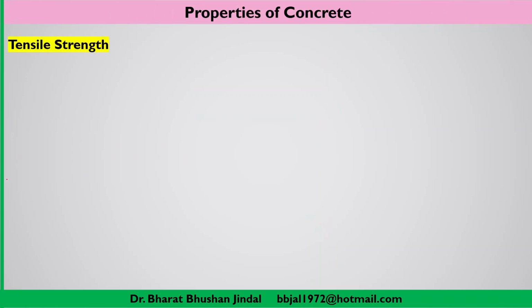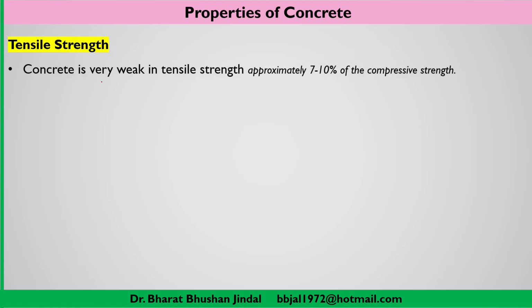Now another important property of concrete is tensile strength. We know that concrete is very good in compressive strength and has poor tensile strength. That is, concrete is very weak in tensile strength, approximately 7 to 10% of the compressive strength.